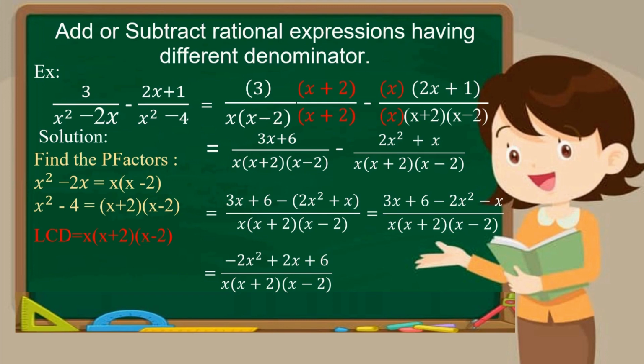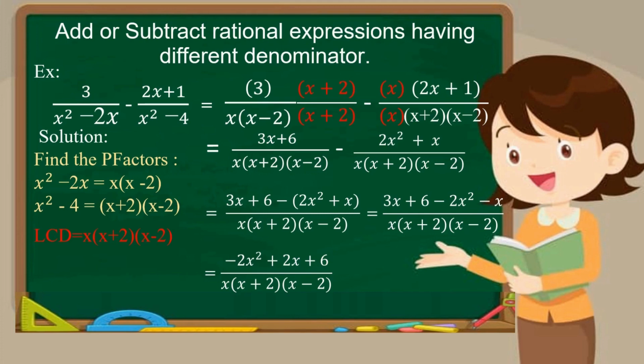So, negative 2x squared plus 2x plus 6 over our denominator x, quantity x plus 2 times quantity x minus 2. Okay, if you look at the numerator, pwede nating i-apply yung common monomial factoring kasi mayroon tayong nakikita na common monomial factor dito.